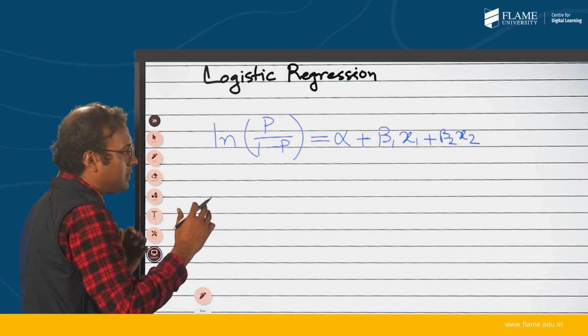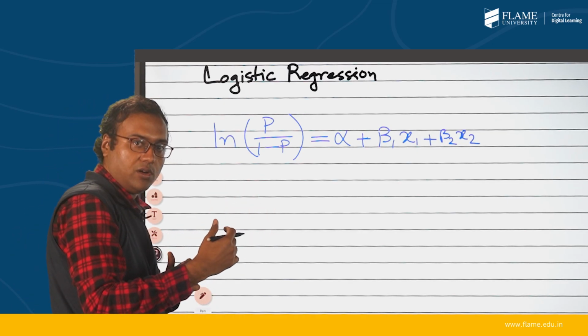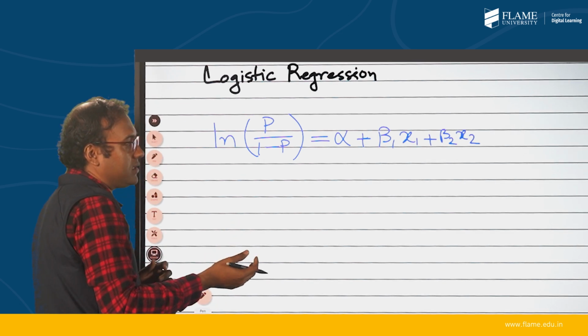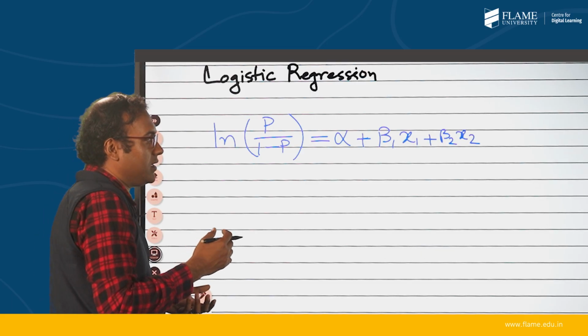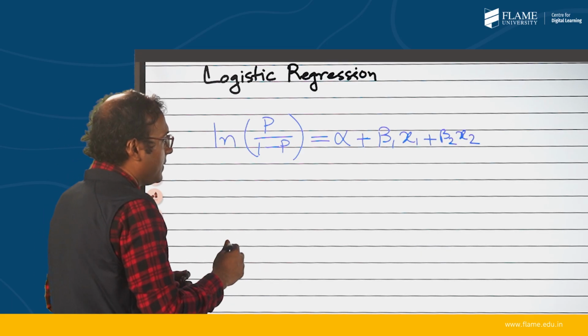The base of this entire method is trying to maximize the log likelihood. Remember the concept of linear regression: we tried to minimize the least square error. Here we are trying to increase the log likelihood.